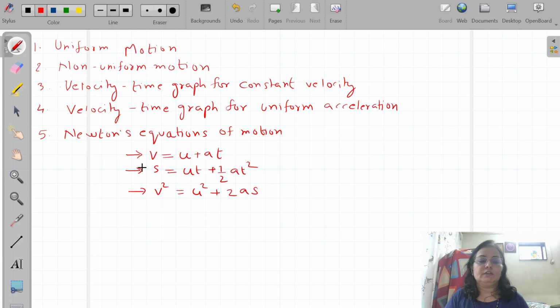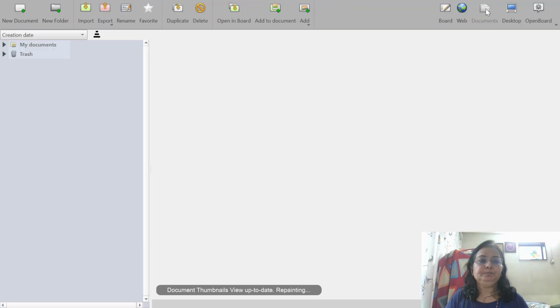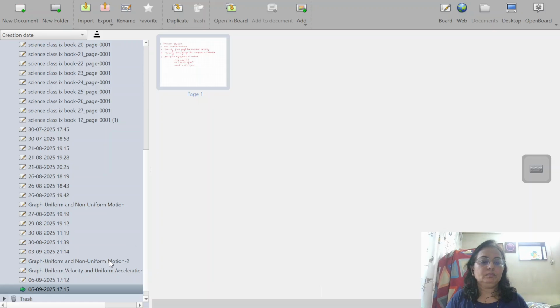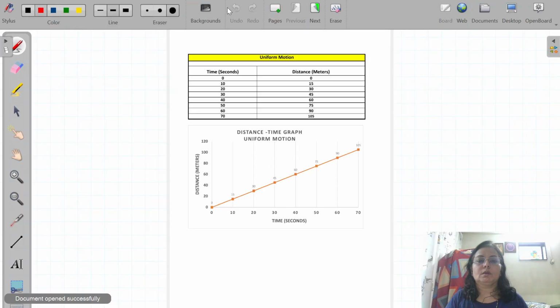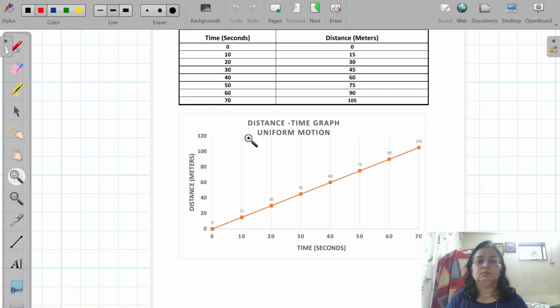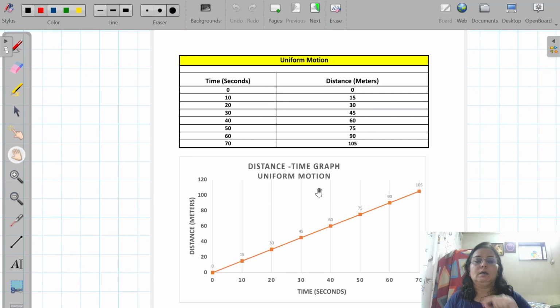So we are going to start with uniform motion. If you look at this table, suppose Anuj is a guy who travels a distance by car.